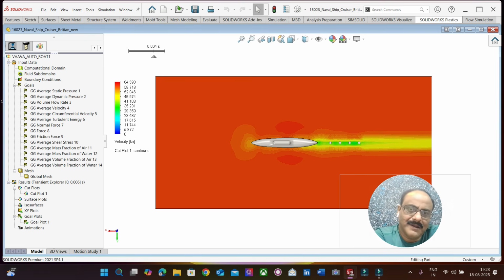Today we will be discussing a very interesting topic, and this is going to be based on computational fluid dynamics. So most of us would have seen the ship floating on the ocean, catamarans floating on the ocean.